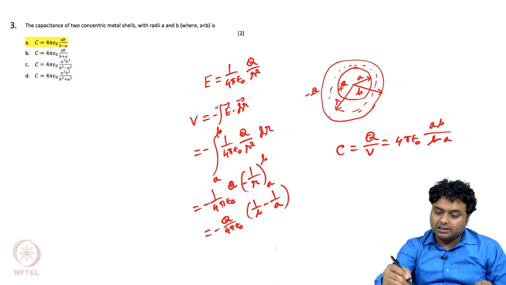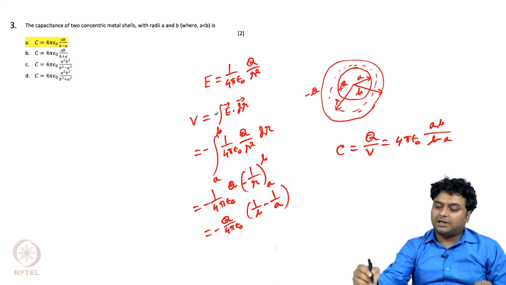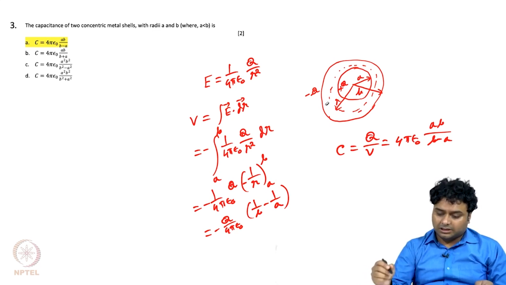Sorry, there is one mistake, there will be no negative here, because I am taking the charge from the positive side to the negative side. The electric field is pointing in this direction, so it is ultimately pointing in the same direction, so there will be no negative.